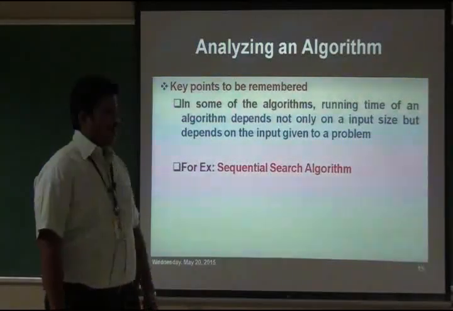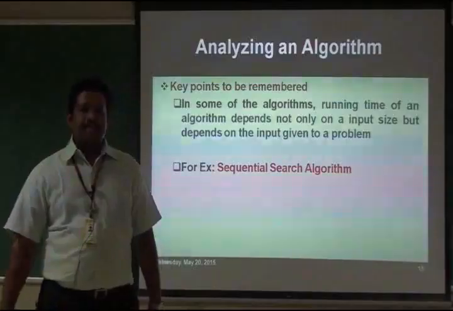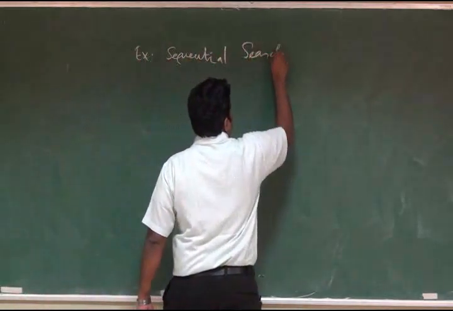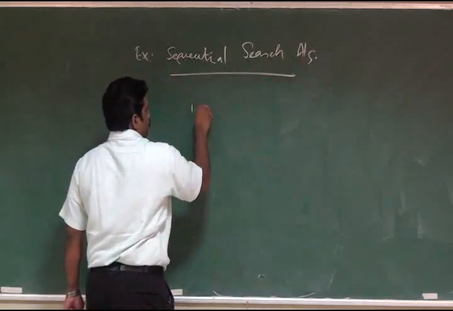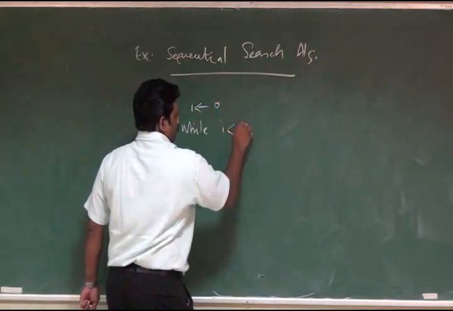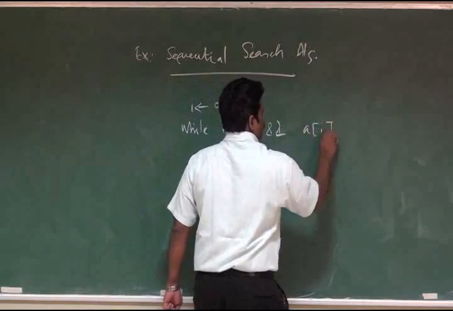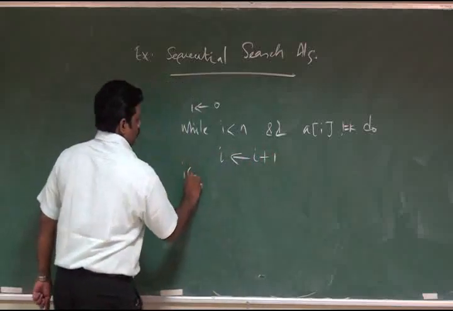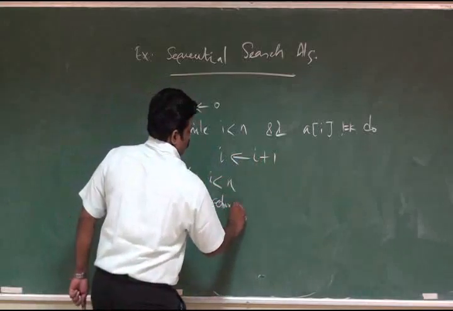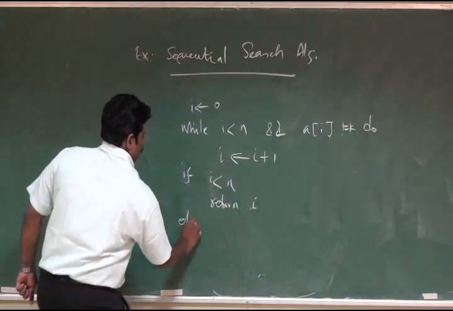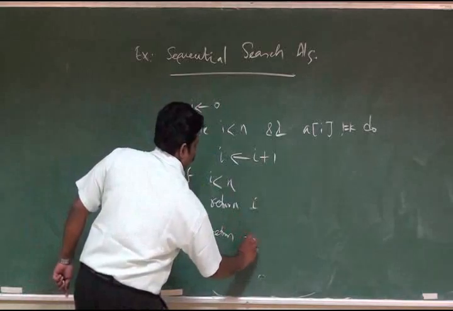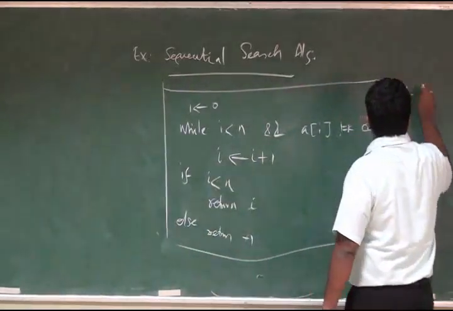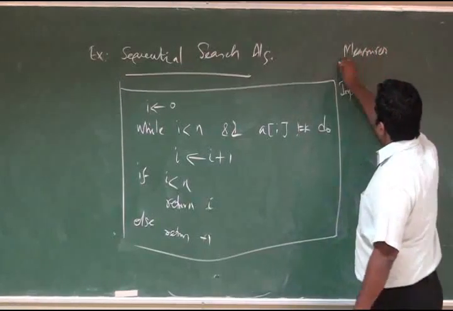So for the best illustration, let us consider the example of the sequential search algorithm. We are supposed to remember what measures can be used for this algorithm.